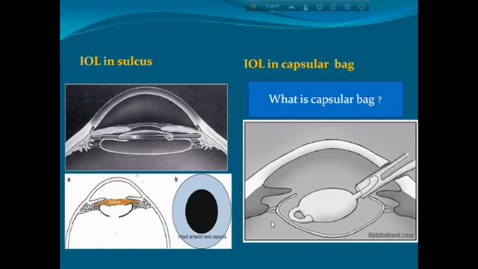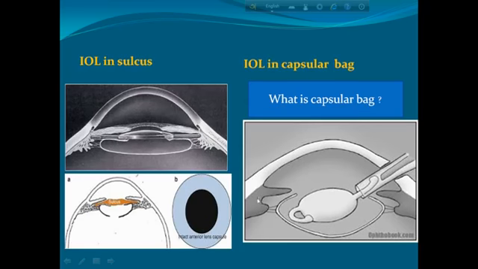In the posterior chamber, there are two spaces where we can implant the IOL. Number one space is the sulcus. Number two space is the capsular bag. But the ideal space is the capsular bag. What is the capsular bag? During cataract surgery, after capsulorhexis, we remove the anterior portion of the anterior capsule, leaving behind the peripheral part of the anterior capsule and the intact posterior capsule.